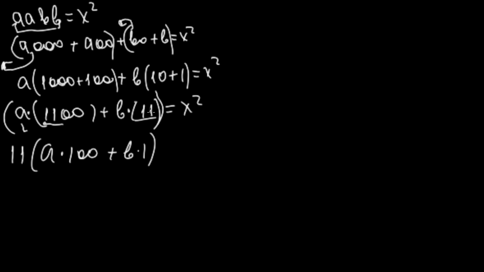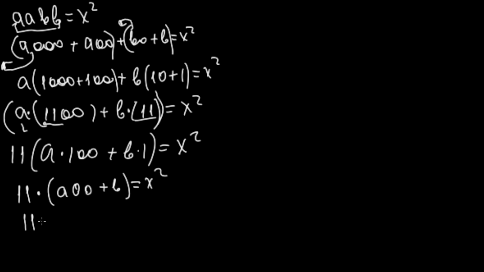We are left with 1 because we took out 11 from the bracket. So what we have here is 11 times (100a plus b).